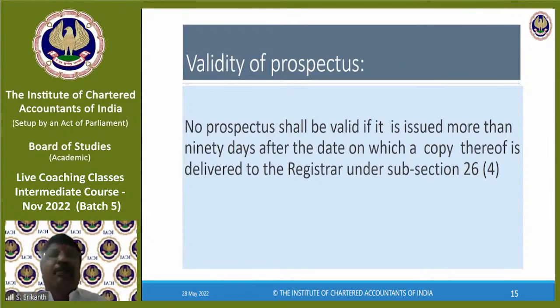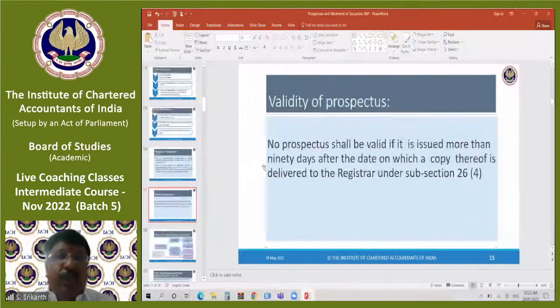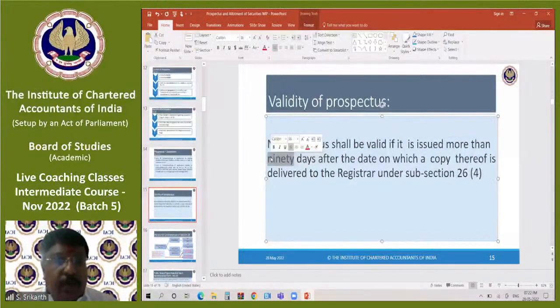No prospectus shall be valid if it is issued more than 90 days after the date on which a copy thereof is delivered to the registrar under section 26(4). So this is something you might want to remember. Validity of the prospectus is 90 days after the date on which a copy of the prospectus has been delivered to the registrar for registration.